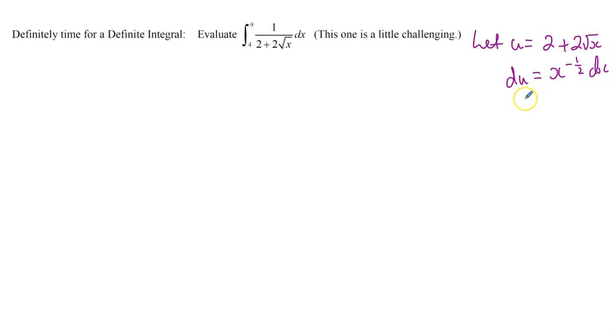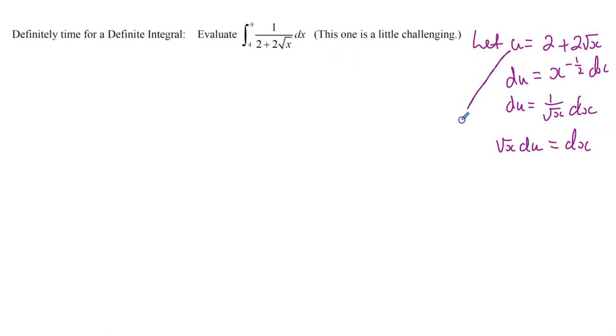So that's 1 over root x dx. And because it's the dx we're going to be replacing, we multiply both sides by root x. So root x du is equal to dx, right? So that's this guy taken care of.